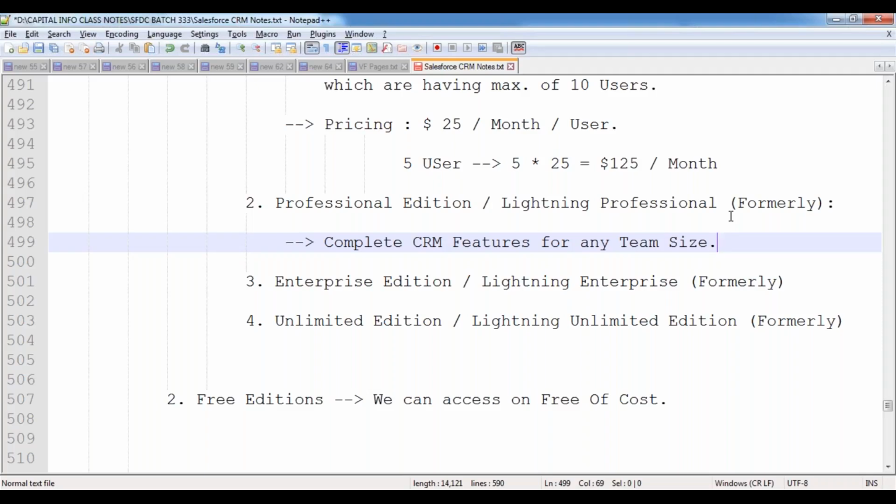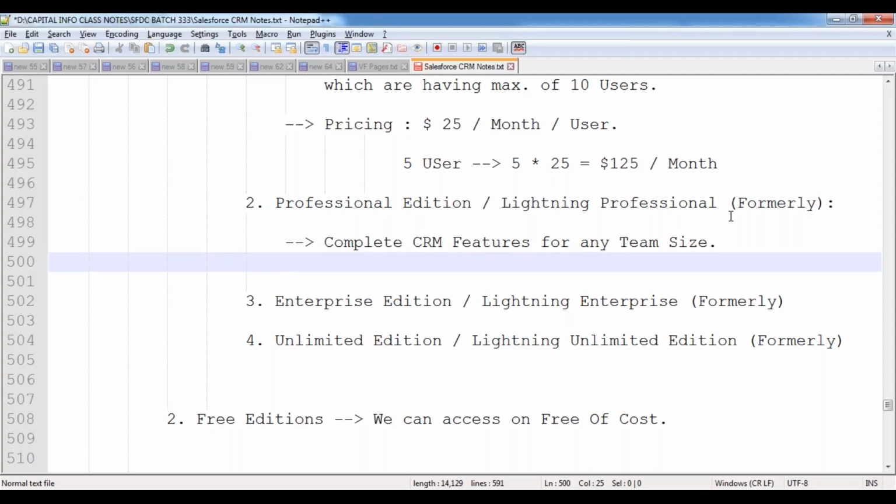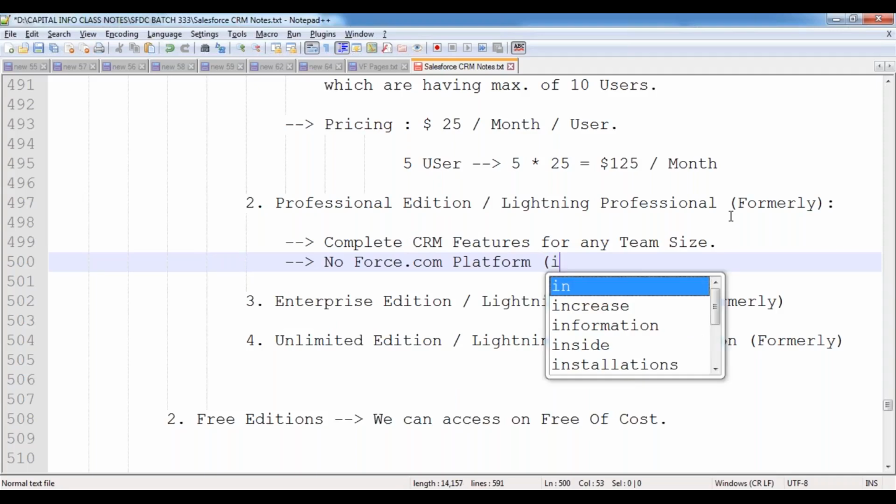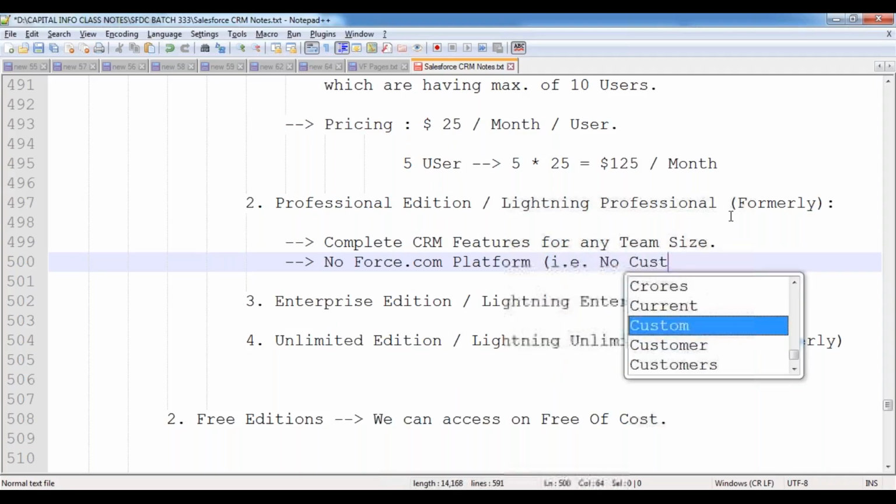Professional edition offers the complete CRM functionalities: marketing features, sales features, service features, all the features they are going to offer here, but no platform. No Force.com platform, that is, no customizations.